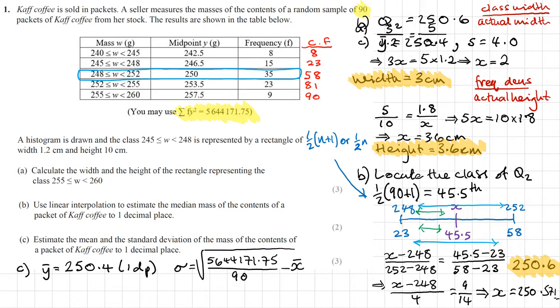Now I want to use the exact value rather than my rounded value, so that was 250.3944, and so on. So that's the number I'm going to be using just to make sure that I'm being as accurate as I can.